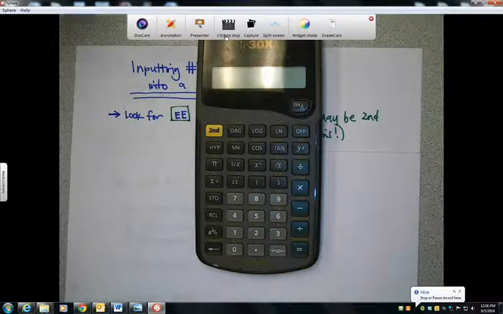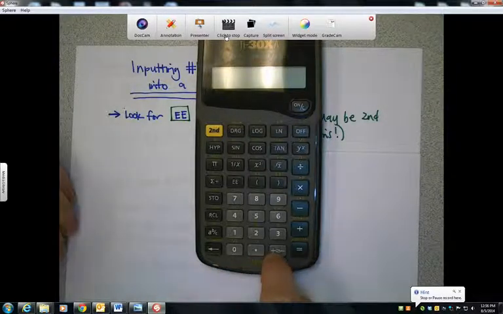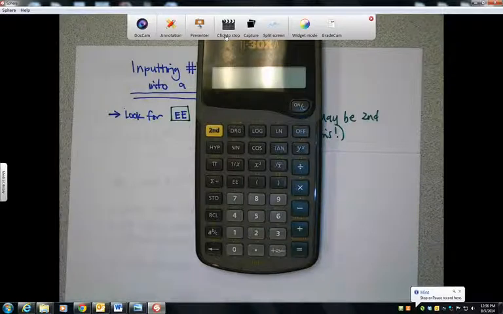I don't think I have an example of a calculator with an EXP button, but it's usually down here and says EXP. So that's the button you're looking for, either an EE or an EXP button.